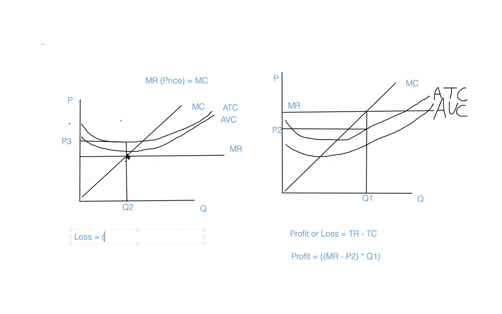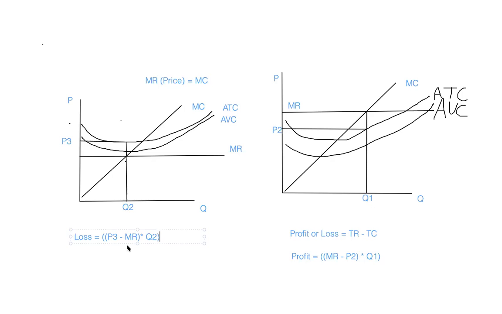So in this case, our total revenue is going to be MR, and because of that, we're going to have the P3 minus MR, and that's all going to be multiplied by Q2 for the quantity. So once again, a similar setup as the prior problem, but it's important to note that because this is a loss, this will come as a negative amount rather than the profit, which is a positive amount.